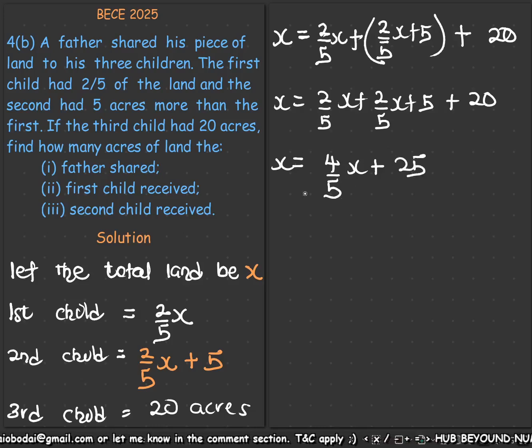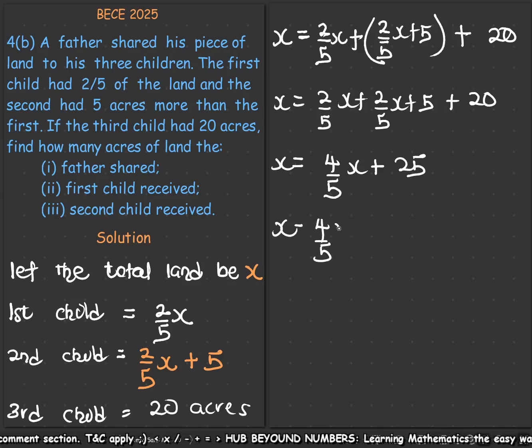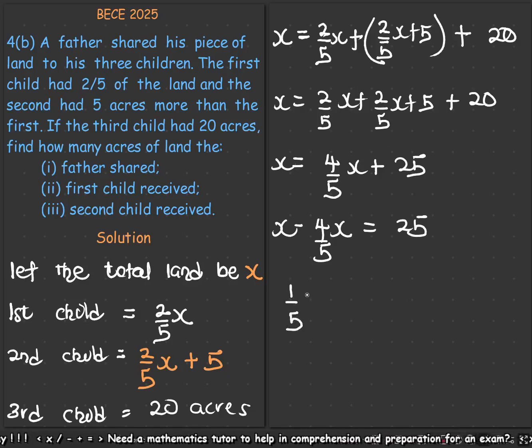Solving for X, we'll then move this to the left hand side. So we have X minus 4/5 X is equal to 25. X minus 4/5 will then give us a 1/5 X, which is equal to 25.